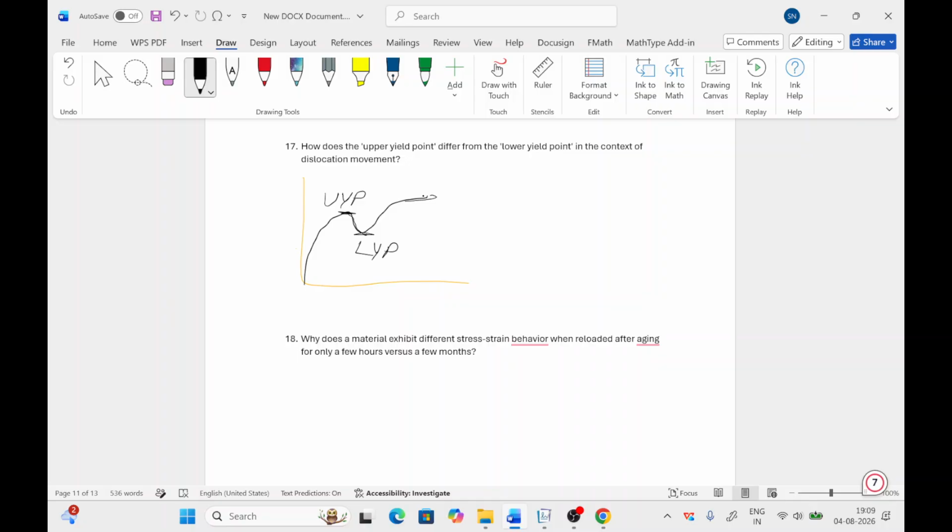So dislocation density increases with time and deformation, and that's why the stress is increasing again. So the difference between the upper yield point and the lower yield point is that the dislocations get free by applying a high amount of stress, and these free dislocations move easily to deform the material. That's why stress reduces to the lower yield point.